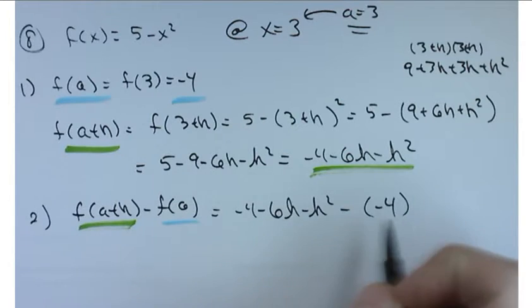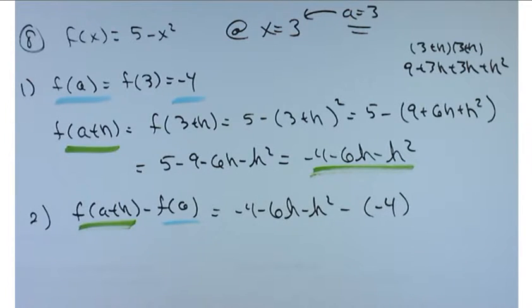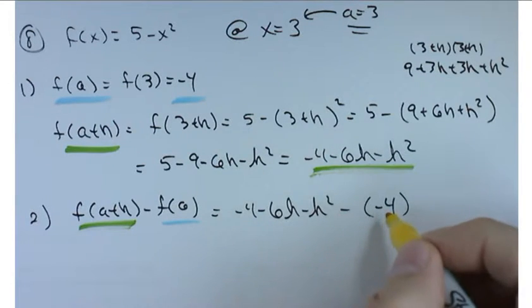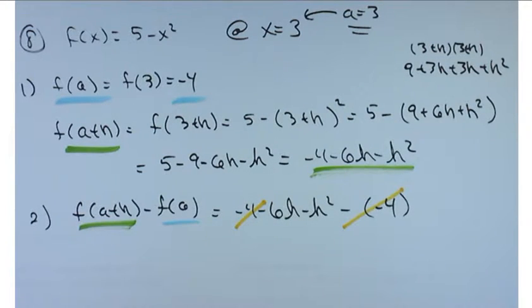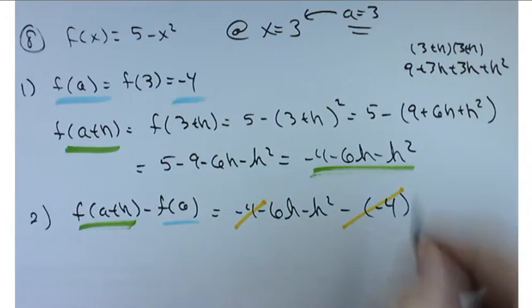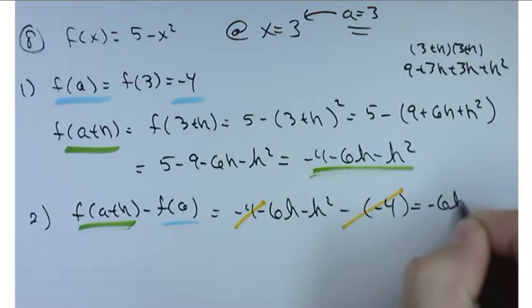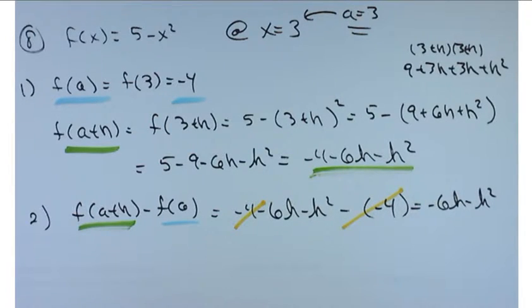What kind of simplification am I going to get here? Yeah, the 4 is going to cancel each other out, right? Negative of -4 becomes a positive 4. Those are going to cancel each other out. So all that we're left with is minus 6h minus h squared.